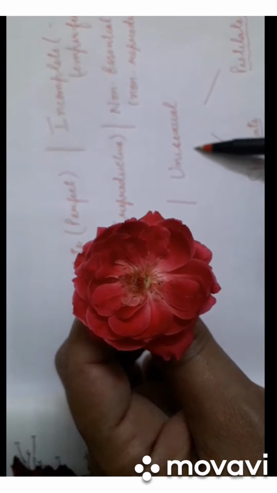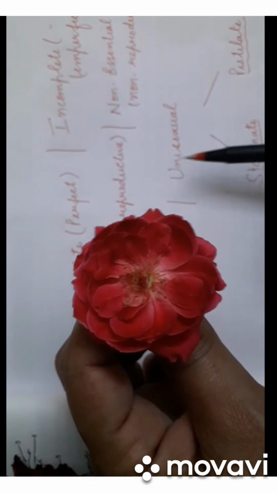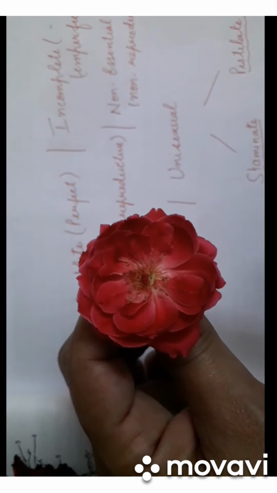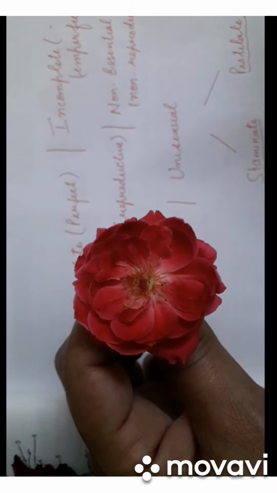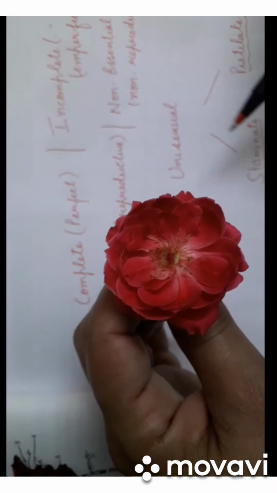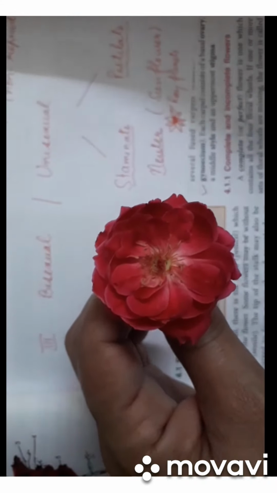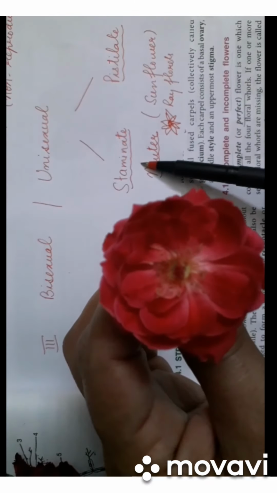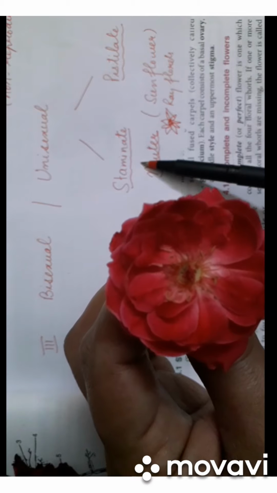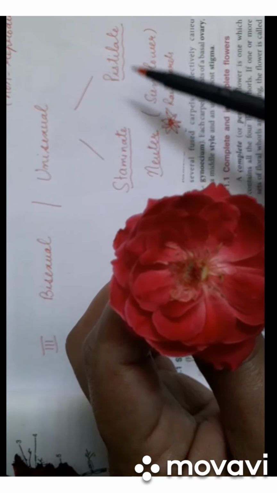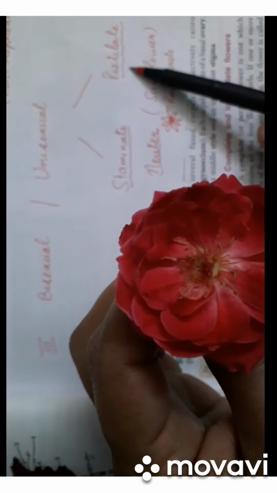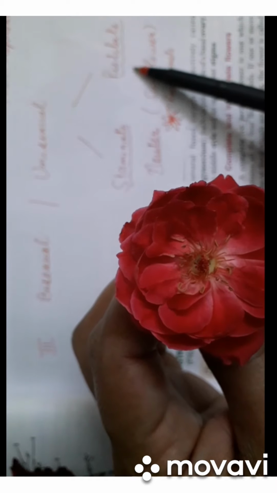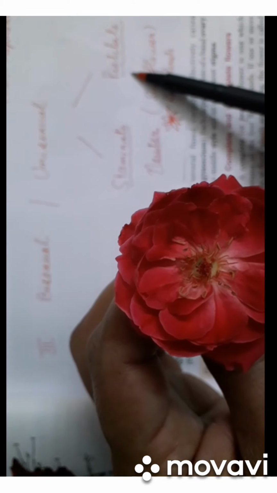So then they will be called unisexual, meaning one flower has only one reproductive part. If it has only stamens, then it will be called staminate, when the flower has only stamens and lacks pistil.